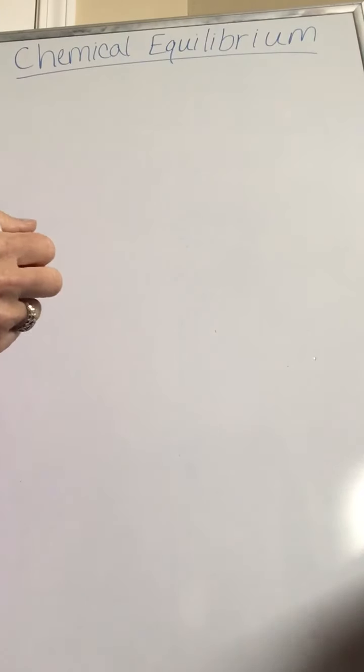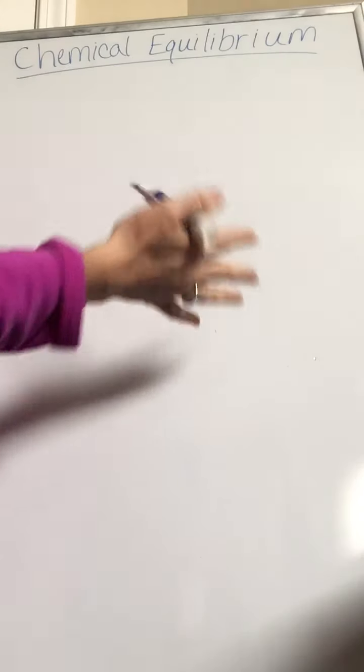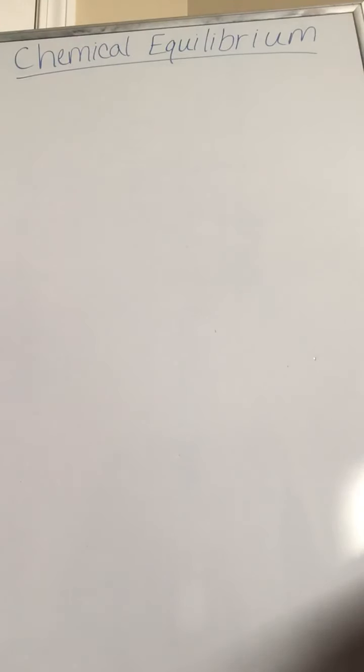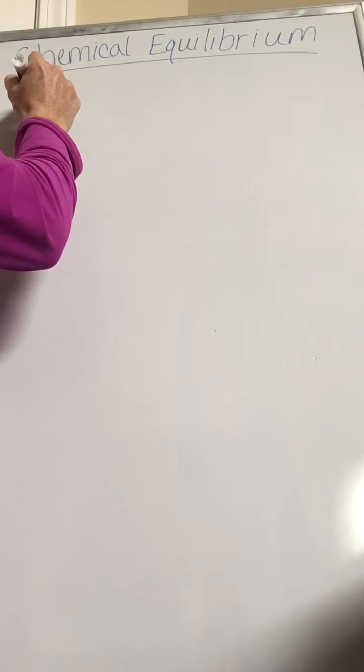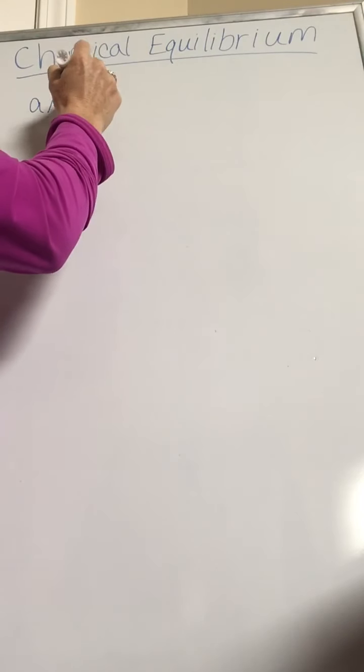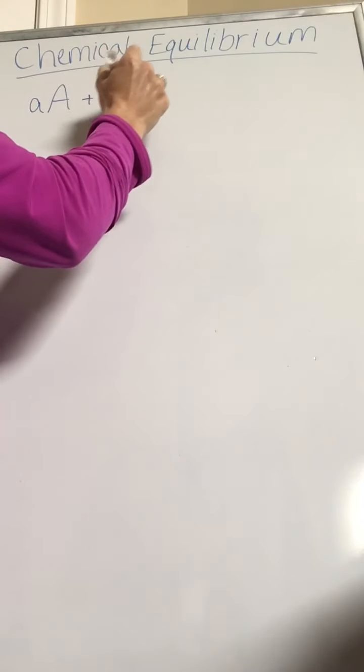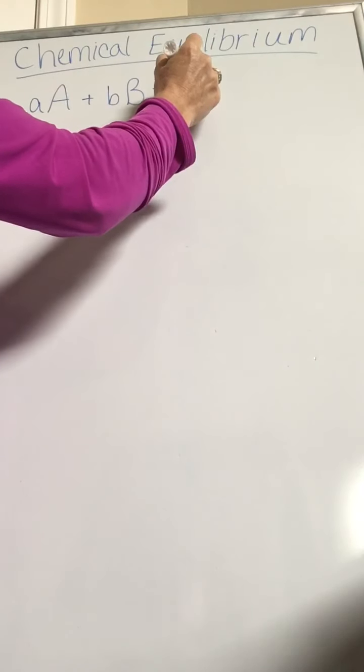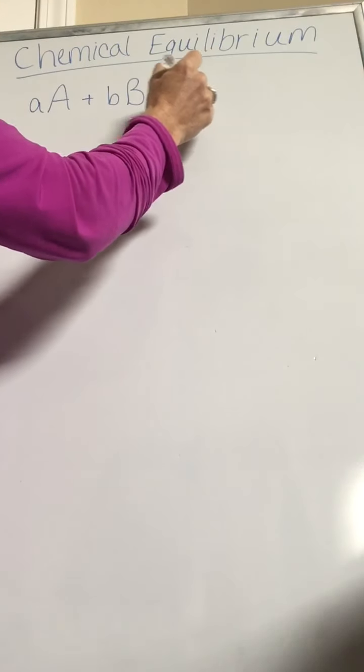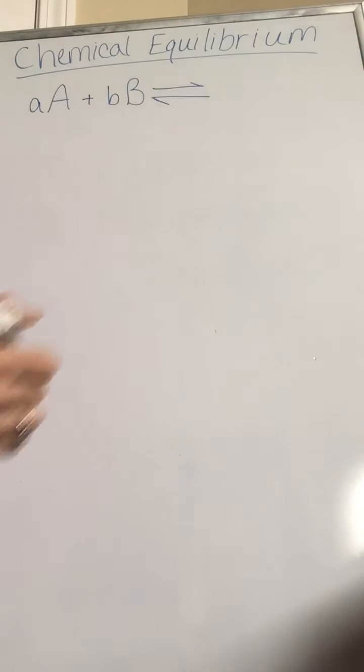All right, and so what we're going to learn about the equilibrium constant is the same things. So there's something that's similar to the rate constant, and there is a difference between the rate constant and the equilibrium constant. All right, so let's first look. We have our typical equation. We have A plus B makes, now this is equilibrium, and I made the full arrow before the way I like to do it, and this is just me.